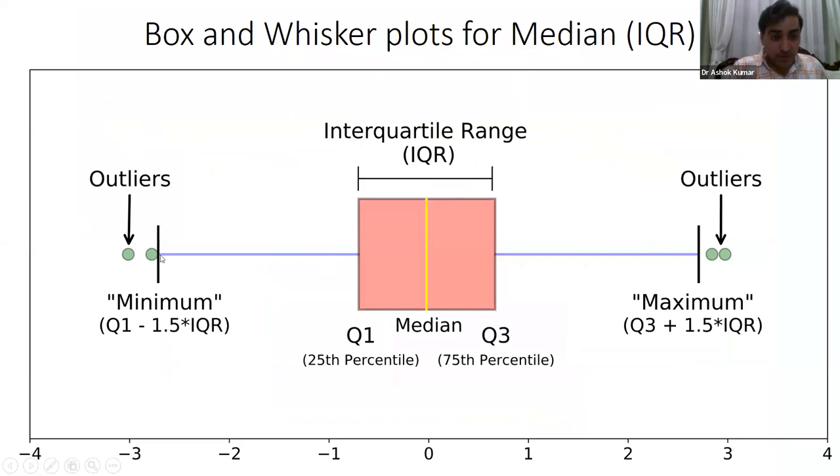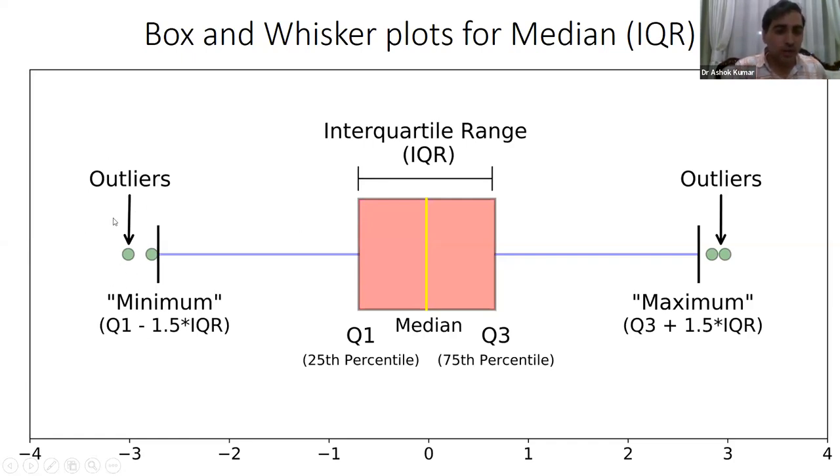If we get data beyond the limit of Q1 minus 1.5 multiplied by IQR, where Q1 is the first quartile and IQR is the interquartile range, then these points are called outliers.